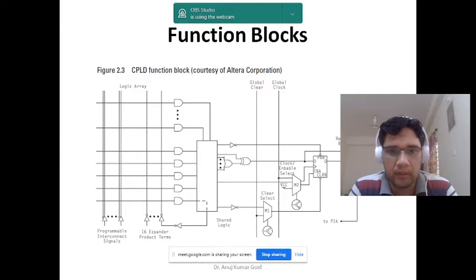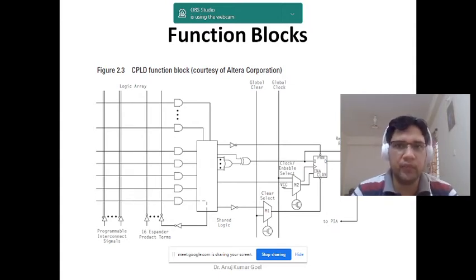Okay, and in the OR plane, in the case of a function block specifically, there are 3 multiplexers, M1, M2 and M3. Why are these used? Because a multiplexer is basically a switch which is used to select a particular signal. M1 is a 2:1 multiplexer, and it is called the clear select multiplexer.